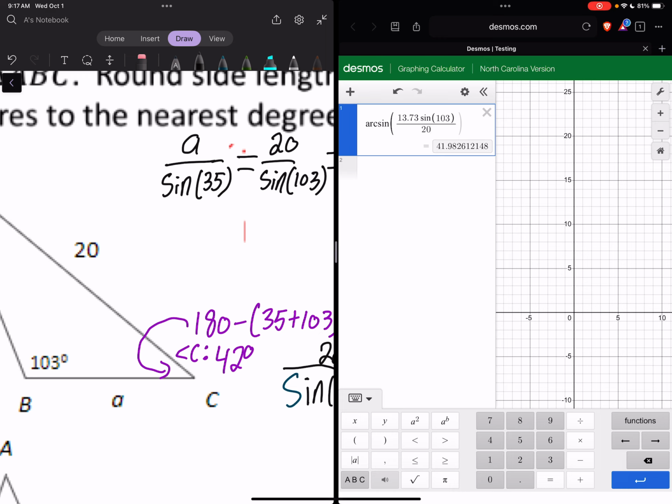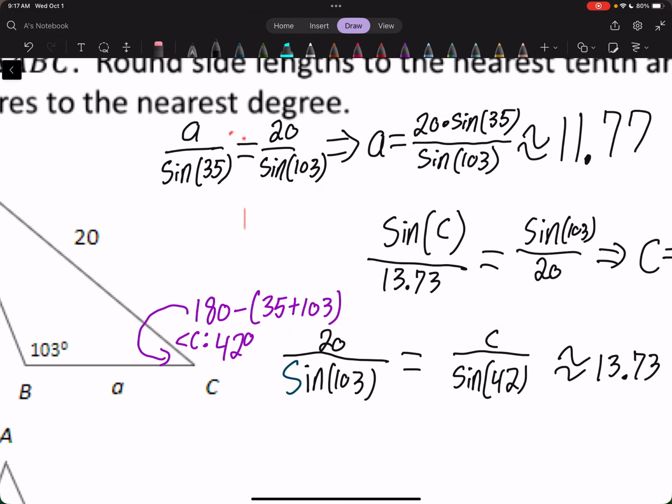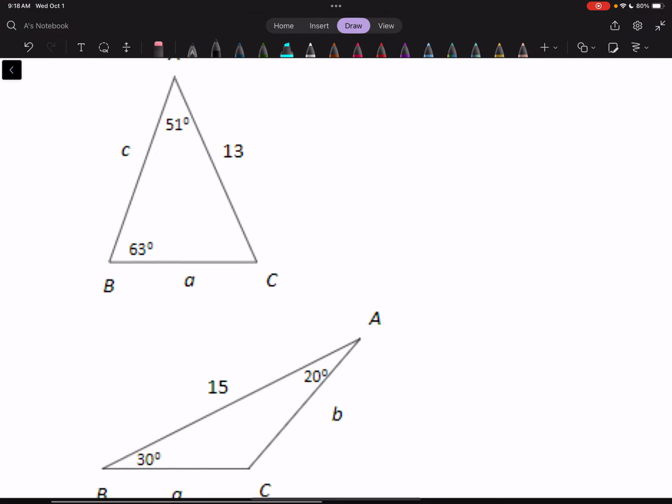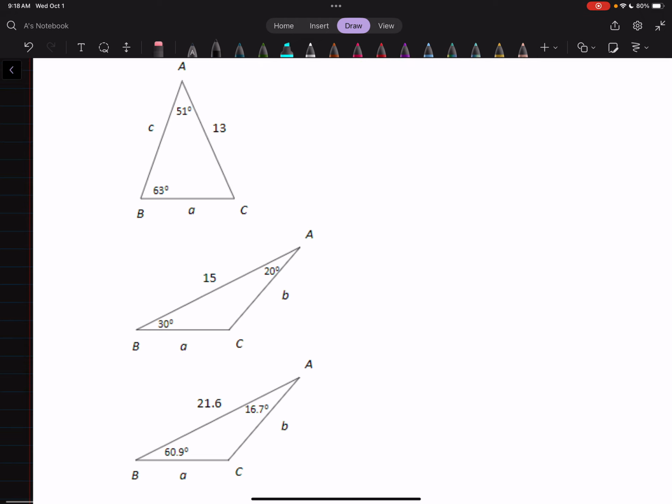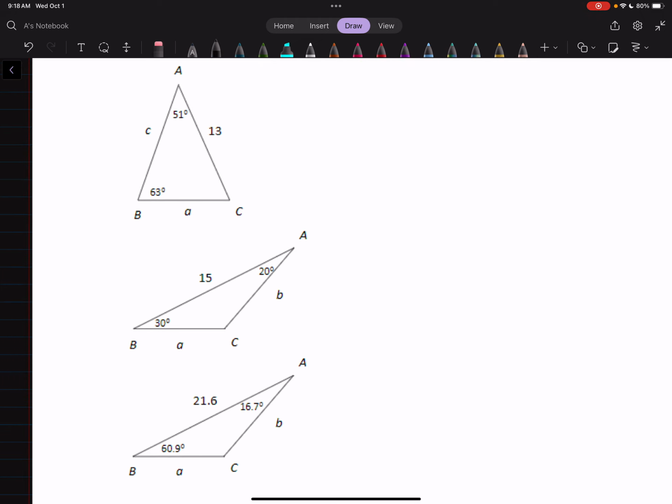That is .98, round that, it is 42 degrees. Okay, that was just to show you in case you needed to use it to solve for an angle. Now, go ahead and pause the video, try these bottom three problems, and now I'm going to show you the answers.